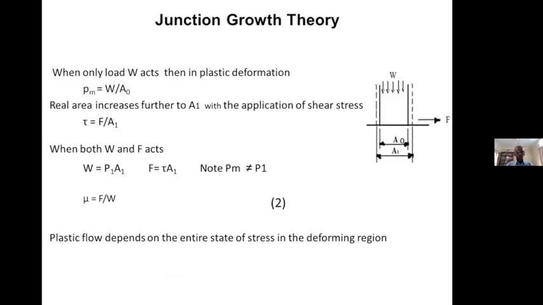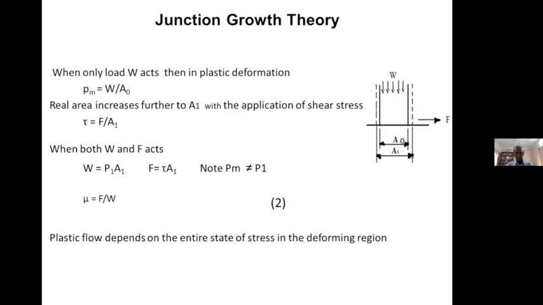Now, when both the forces W and F act, then W is equal to P1 A1, because now the area has increased. So W will be acting on the increased area and the contact pressure may not be PM or the hardness.